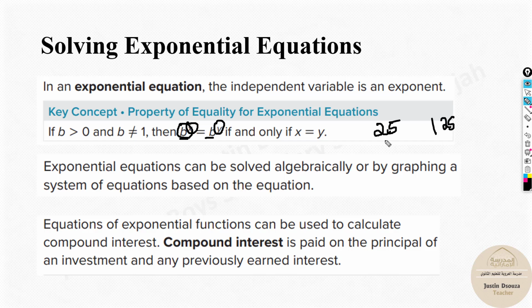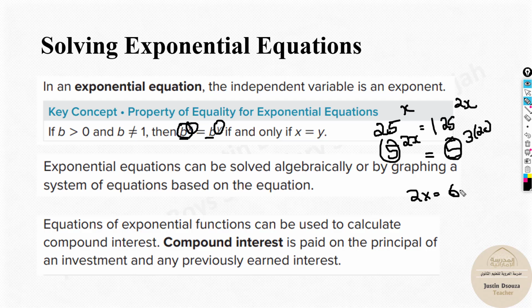Let the exponents be anything, say x and 2x. 25 can be written as 5 to the power 2, all raised to x, and 125 is 5 to the power 3, raised to 2x. Once the bases are the same, you can equate the exponents: 2x equals 3 times 2x, which is 6x.